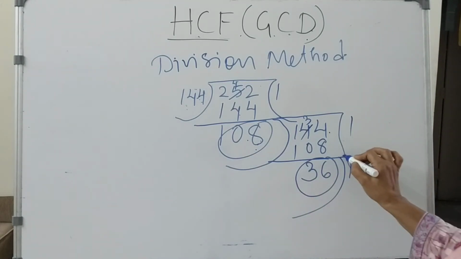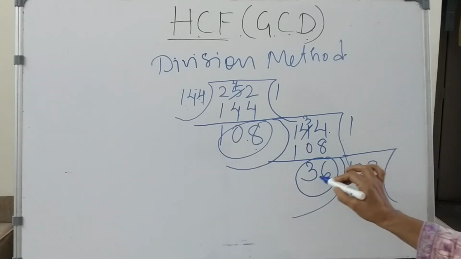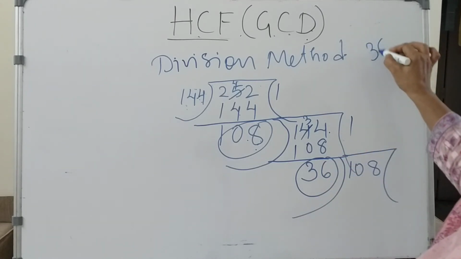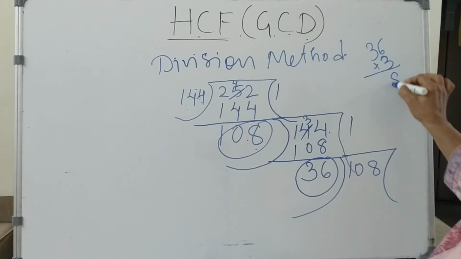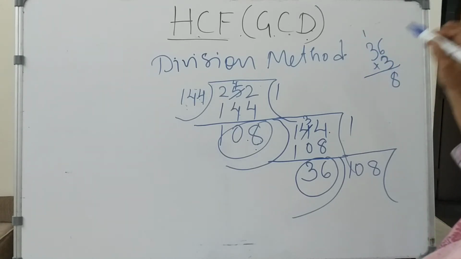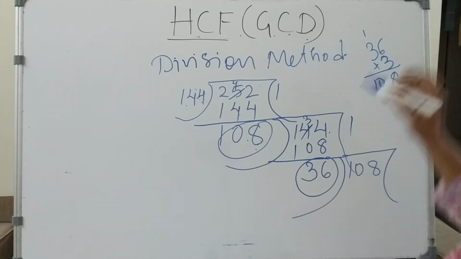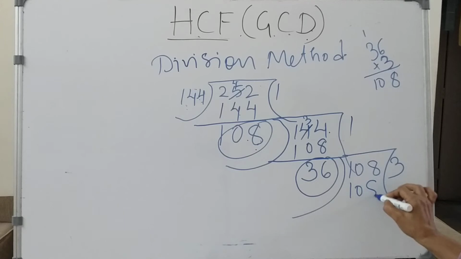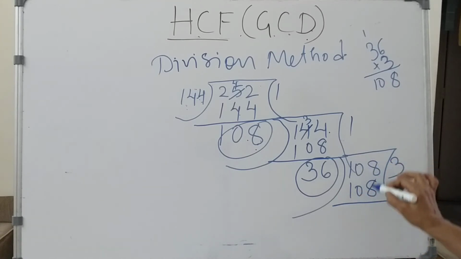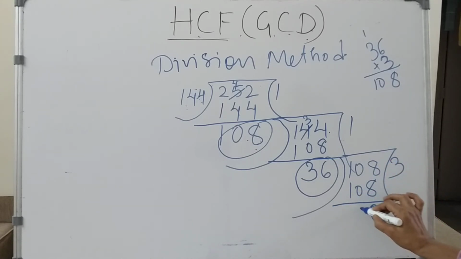Now 36 into 3 is 18. 1 3 3s are 9, 108. So 36 3s are 108. Here the remainder now is 0.